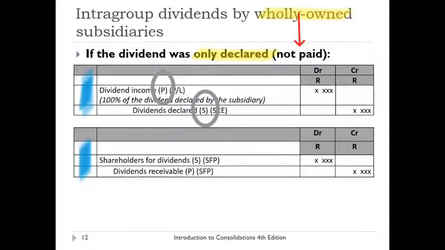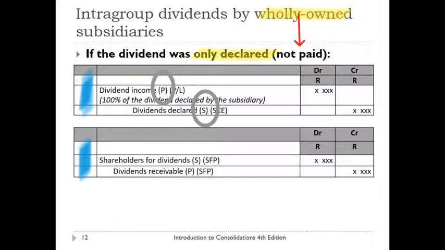It's again a consolidation journal entry, so I have to adjust. The subsidiary has a shareholders for dividends liability, a credit entry that I now have to eliminate through this debit to shareholders for dividends. And the parent, coming from the separate financial statements of the parent, has a debtor, dividends receivable.